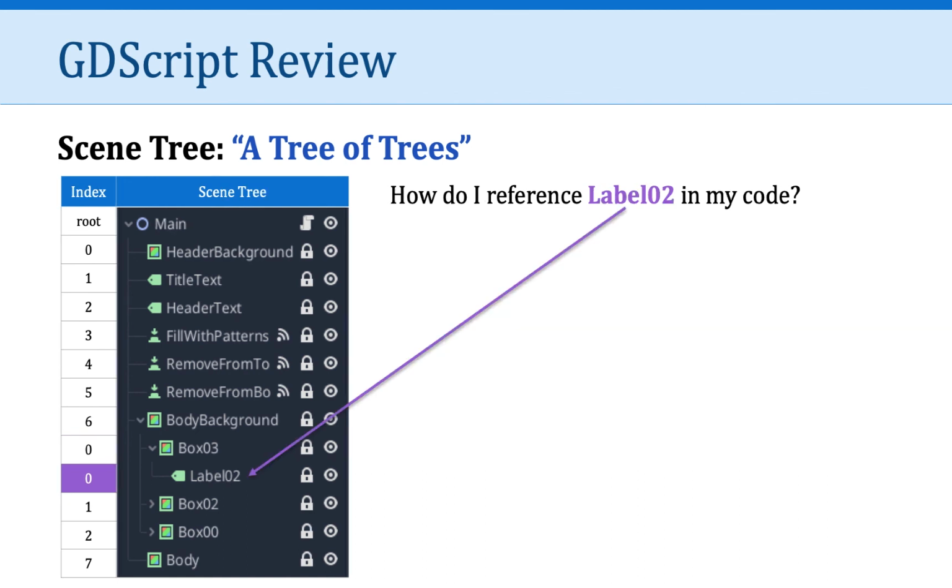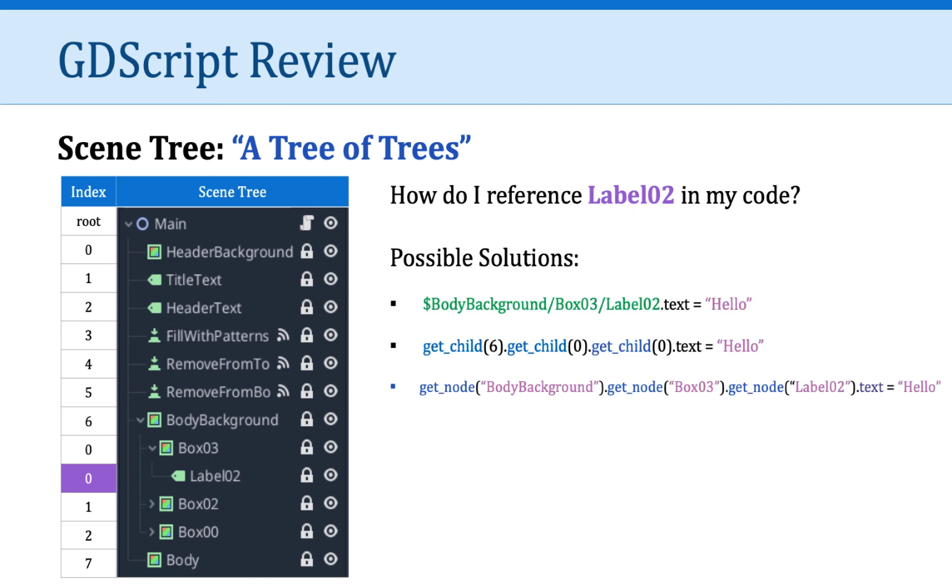Now let's look at one more challenging case, which is communicating with label 2, which is 3 layers deep in our tree of trees. How would we communicate with that? Well, here are the 3 examples. I could say $body background/box 3/label 2.text equals hello.